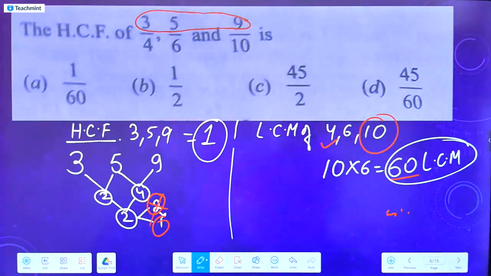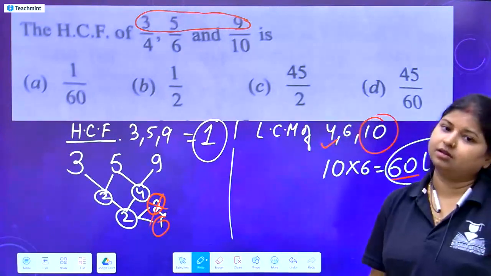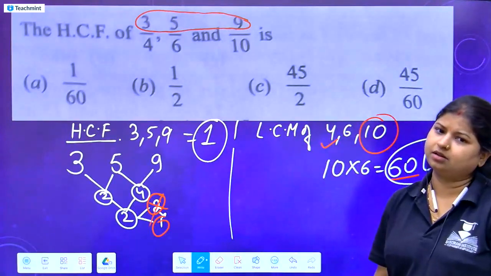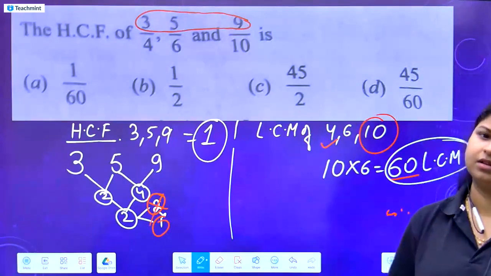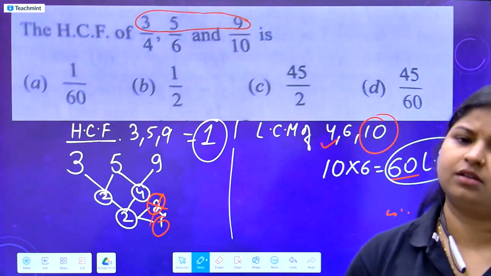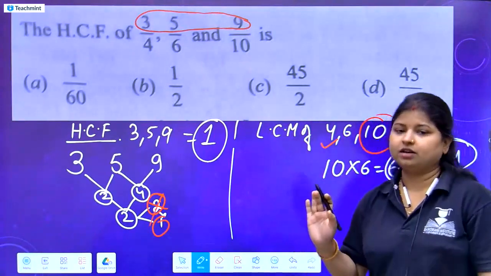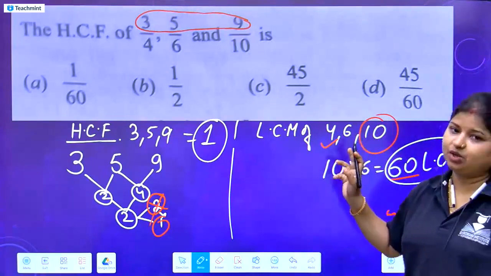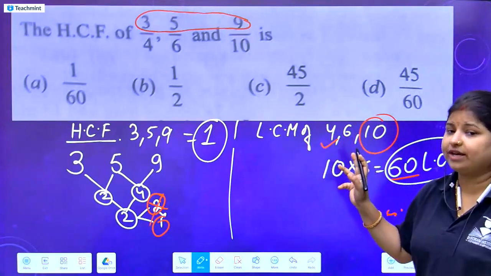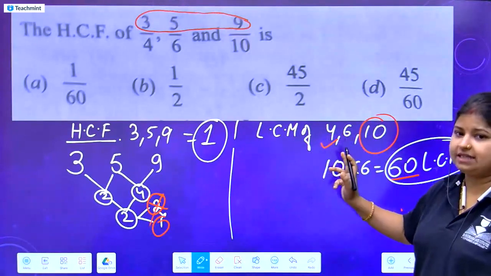Yes, Prisha. Ma'am, in the LCM of 4, 6, 10, I took 10, but I got confused. Got it, Prisha. So 10 could have been your LCM, but 10 is not your LCM, beta, because 10 is not divisible by 4 and 6.